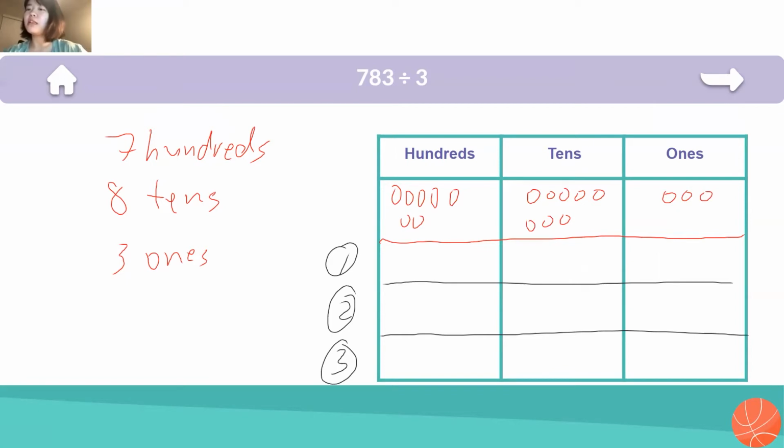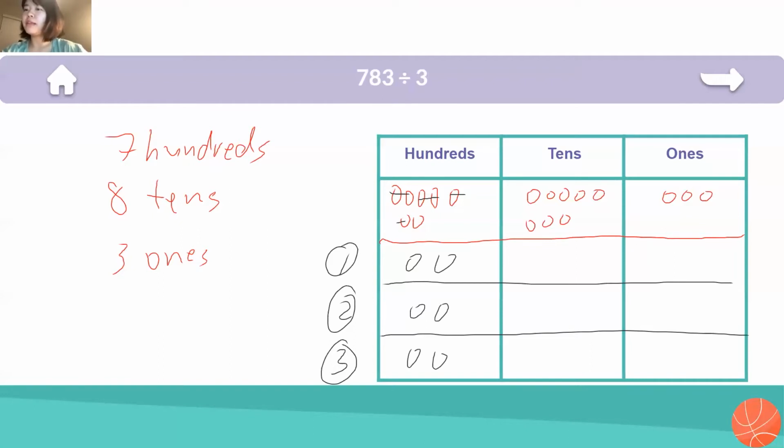What is the largest number we can put into each group for the hundreds place? Let's try 2, because 2 times 3 gives us 6. If we put 2 hundreds into each group, let's cross out, and we only have 100 left. So 100 is the remainder.